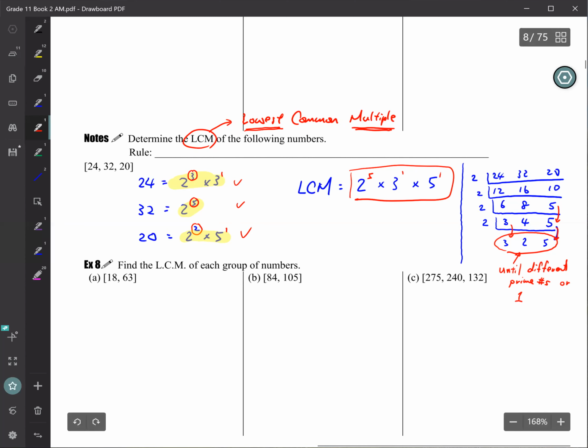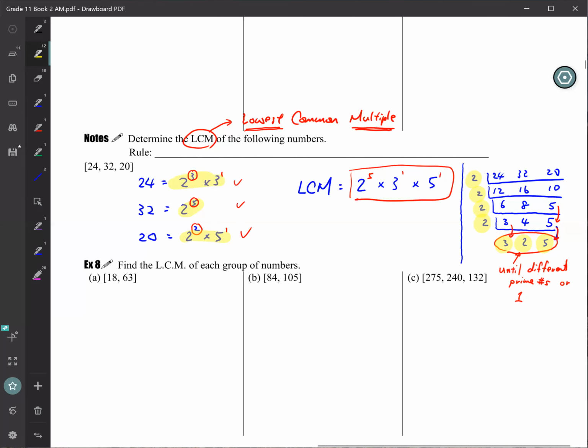Because if you have two of the same prime, let's say you have 2 and 2 at the very last line, then you can still divide by 2 and make the bottom numbers 1 and 1. So you divide until the very last line becomes different prime numbers, or you see ones at the bottom. Now at the bottom, we have 3, 2, and 5, which are all different primes, so you can stop there. So our LCM will be all the yellow highlighted numbers: 2, 2, 2, 2, 2, five 2s, and the 3 and the 5.